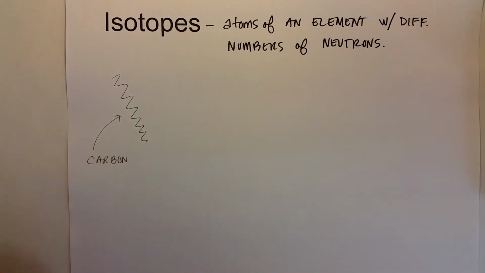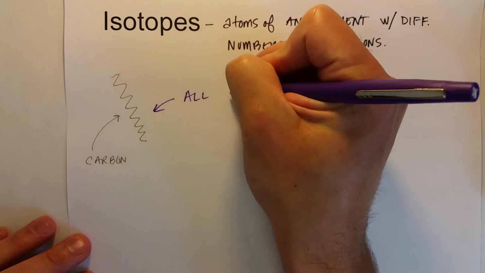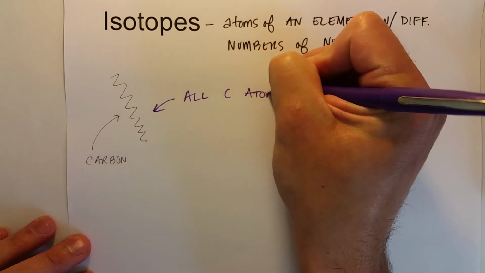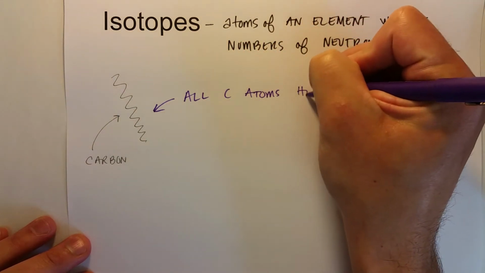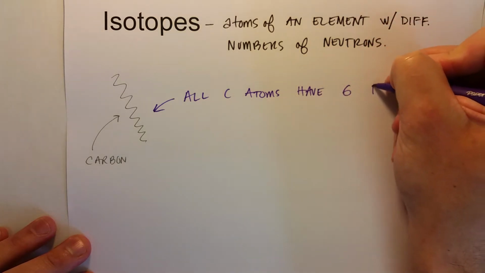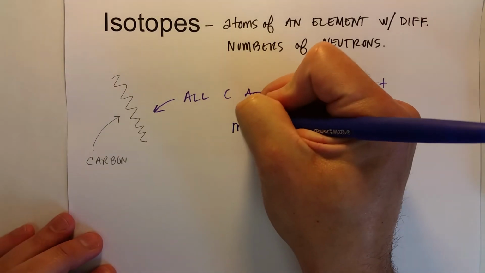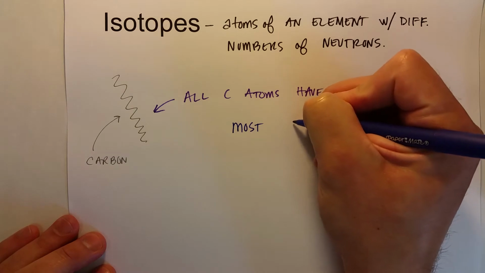So in this carbon sample that I just previously drew, all carbon atoms have 6 protons. That is what defines the carbon atom. Most of the carbon atoms also have 6 neutrons.